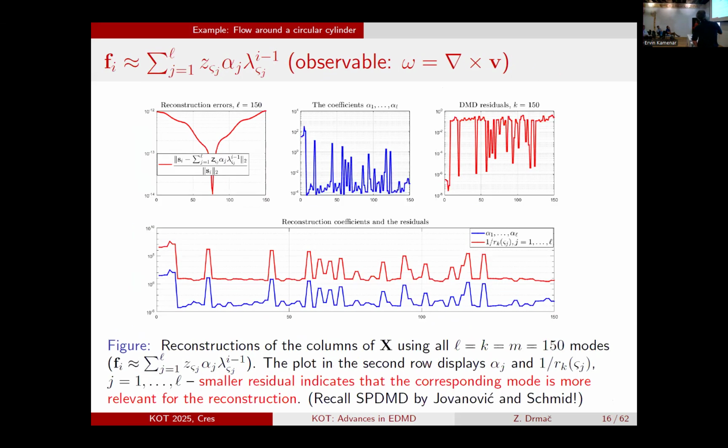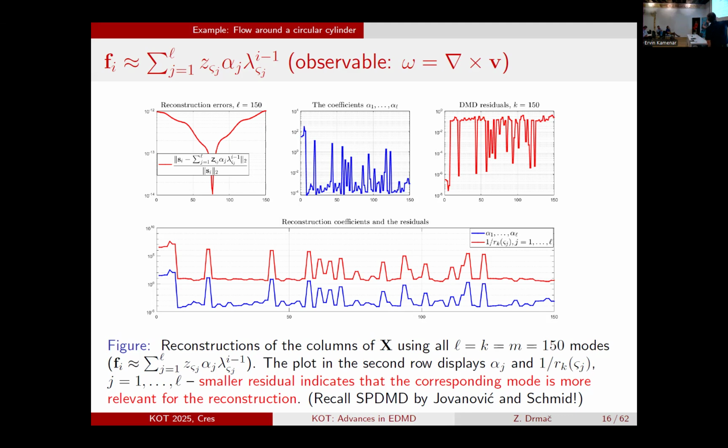So what we did is, let's try to analyze the snapshots in terms of those modes. So this is a least squares problem for the alphas, the amplitudes. So basically, if you use all of them, all 151 modes, and represent the snapshots with these 151 coefficients alpha, so those alphas are the same for all snapshots, we get very decent reconstruction, almost the full machine precision.